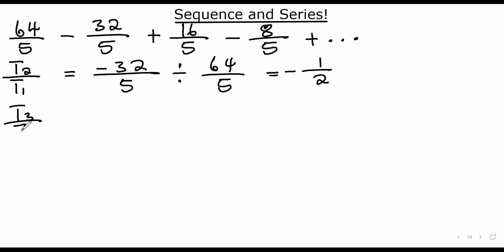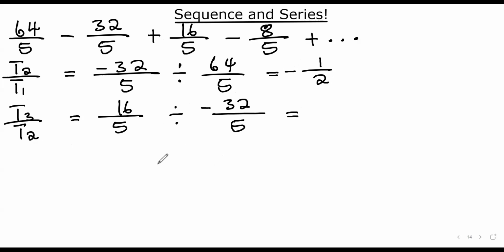Then you come back and take term number 3 and you divide it by term number 2. So you say, well, 16 over 5 divided by negative 32 over 5. Well, you simply get a negative half once again. So now you have proven beyond reasonable doubt that your constant ratio will be negative half.